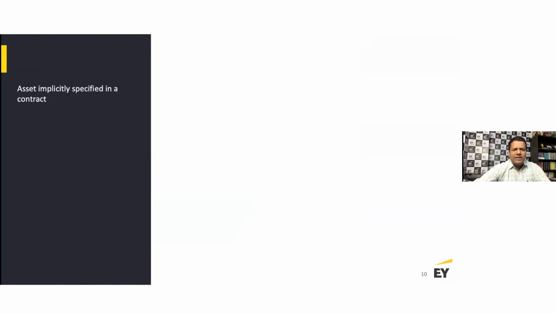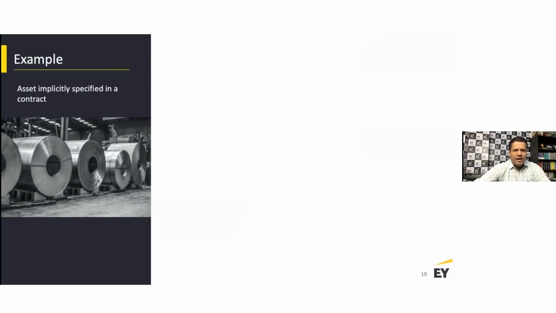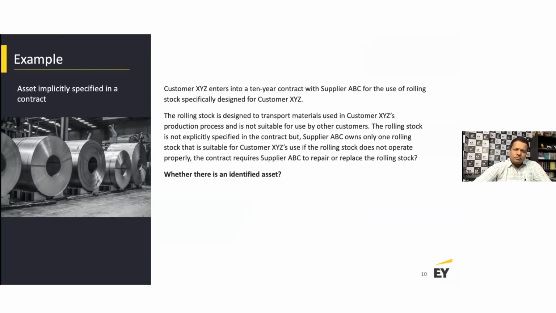So let's look at an example of an asset which is implicitly specified in a contract. Customer XYZ enters into a 10-year contract with supplier ABC for the use of rolling stock specifically designed for customer XYZ.